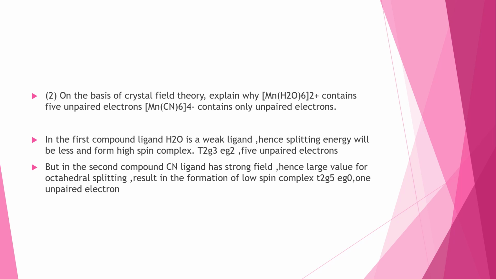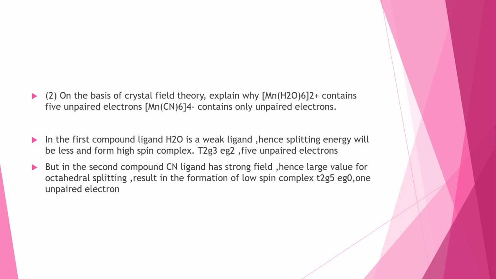As a result, 3 electrons go to T2g and the other 2 electrons go to Eg. All the electrons are unpaired because there are 3 orbitals in T2g, each with one electron, and 2 orbitals in Eg, each with one electron. Therefore there are a total of 5 unpaired electrons.